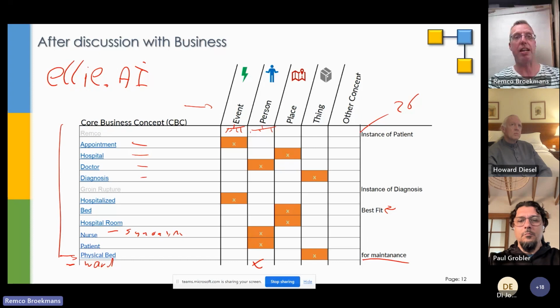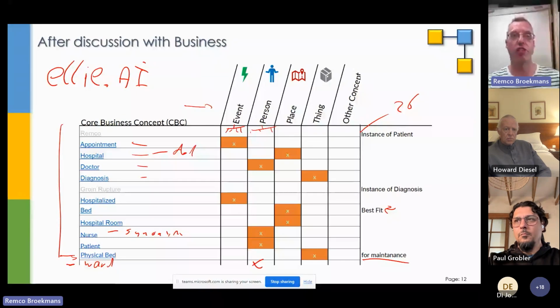I did this session once with an organization, and there was the data modeler. And after this one, you had to fill in the business glossary, to fill in the definitions of what's a hospital, what's a doctor, what's diagnosed, etc. And the data modeler did all the definitions.